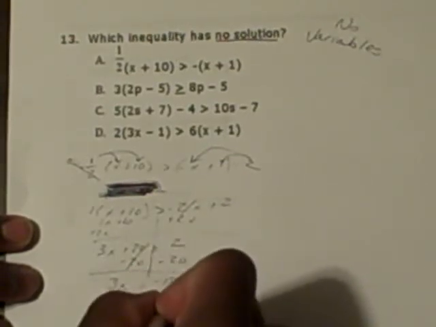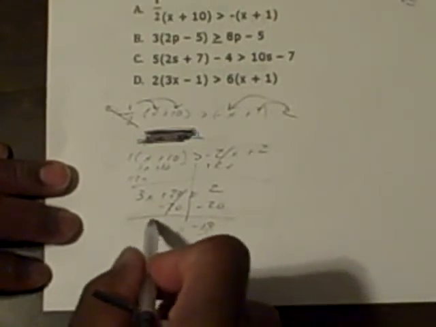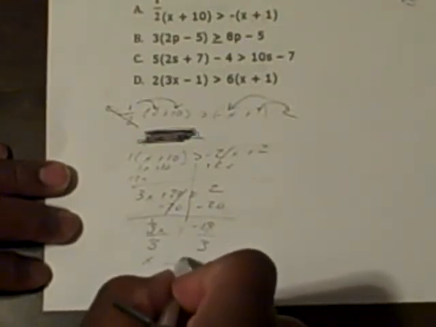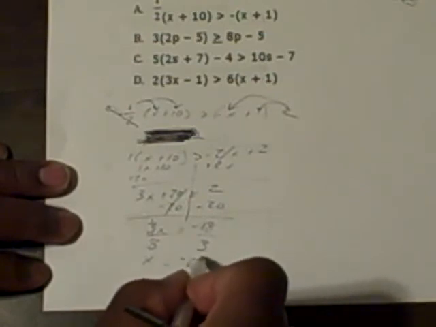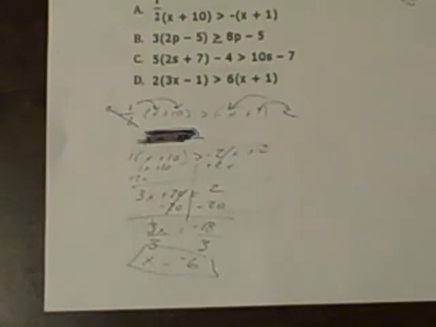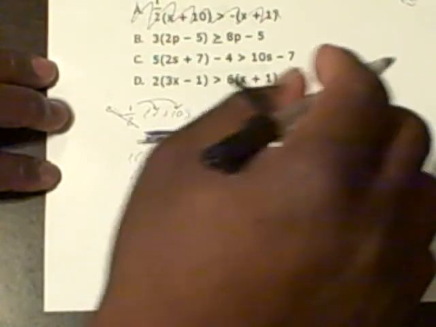Divide on both sides by 3, and x equals negative 18 divided by 3, and that is negative 6. So we have a number for our solution there. And so the fact that we have a number will most definitely tell us that we do have a solution. We're looking for something with no solution. So I did A there.